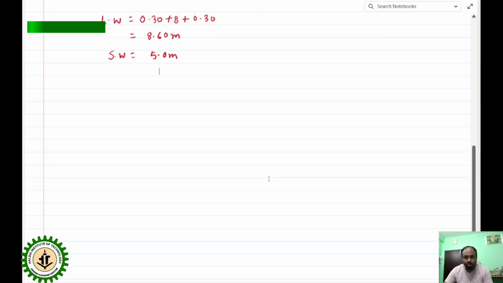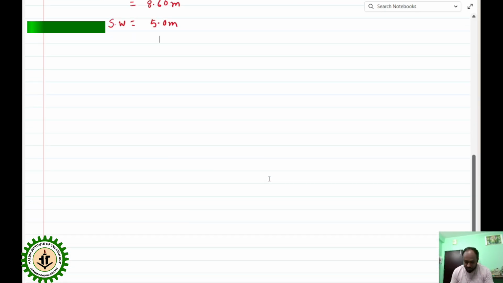Now, for estimation, we have to draw a table. For that, we have to write, and change the color.